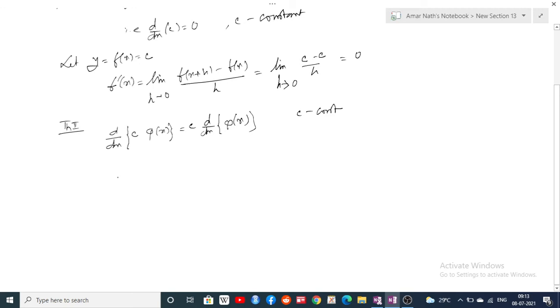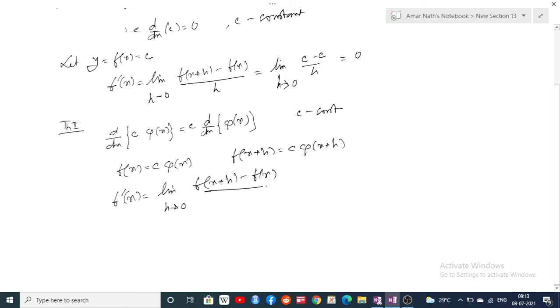Here f(x) equals c into phi(x). Then f(x plus h) becomes c into phi(x plus h). Now f dash x equals limit h tends to 0 of f(x plus h) minus f(x), divided by h. This equals limit h tends to 0 of c into phi(x plus h) minus c into phi(x), divided by h.